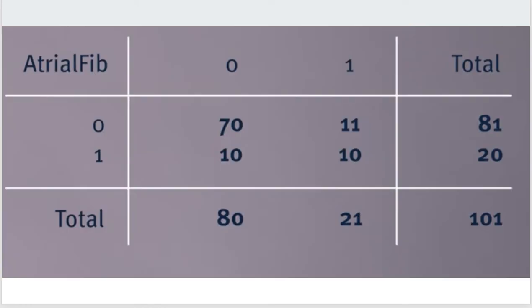So here I have a table, and this is the diabetes and this is the atrial fib. We can see there were 21 people who have diabetes, and there were 20 people who got atrial fib, and 10 people who got both.